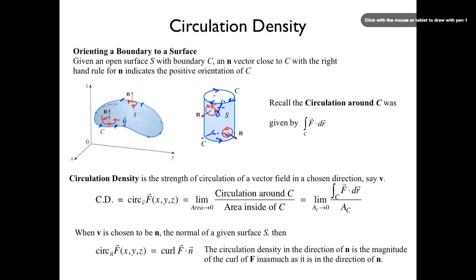So that's our dot product, right? So it's like we're taking a portion of the curl, whatever portion of the curl is in the direction of N. So then that's the strength of rotation for that particular direction N.